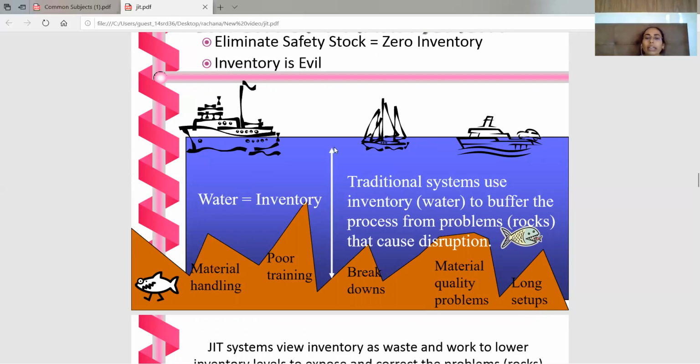If you create an ample amount of inventory in your stock, you cannot identify the problems that lie under the sea, which may be related to material handling, poor training, breakdowns, material quality, and other quality problems.